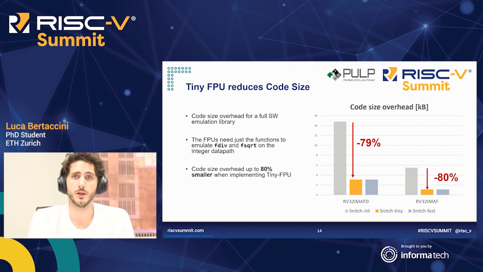In our case, we had just to introduce the support for floating point division and floating point square root. So we still had a code size overhead, but it was reduced by 79% with respect to the code size introduced by the full software emulation library.